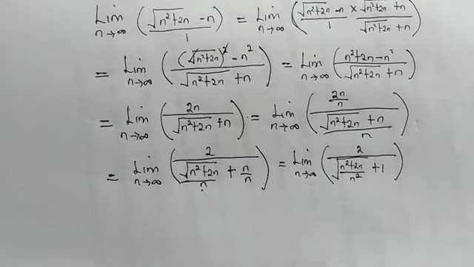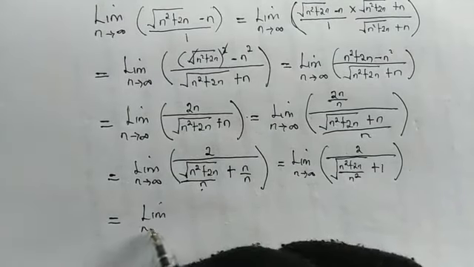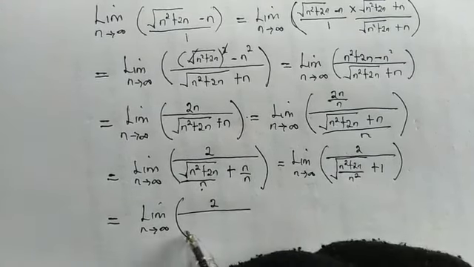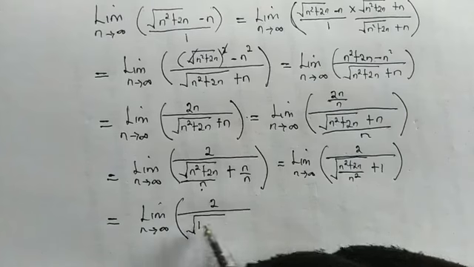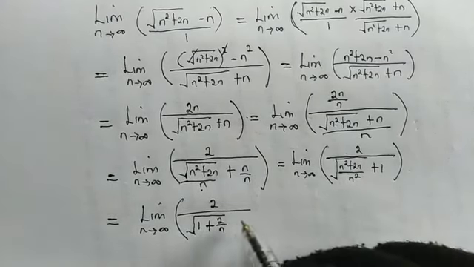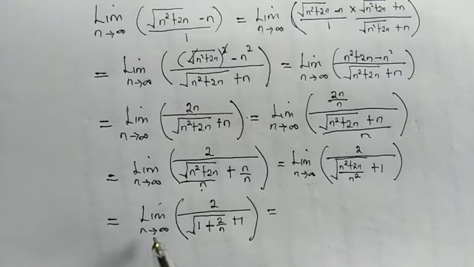So from here this is equal to the limit as n is approaching infinity of 2 all over, here we have n squared over n squared, that is 1, plus 2n over n squared reduces to 2 over n, and here plus 1. We all know that 2 over n as n is approaching infinity is 0.